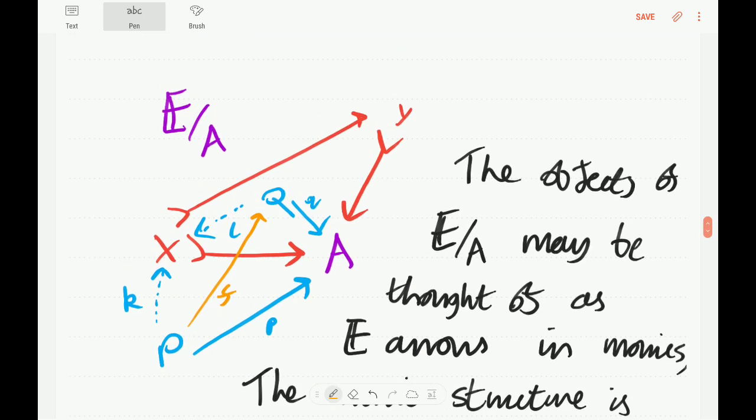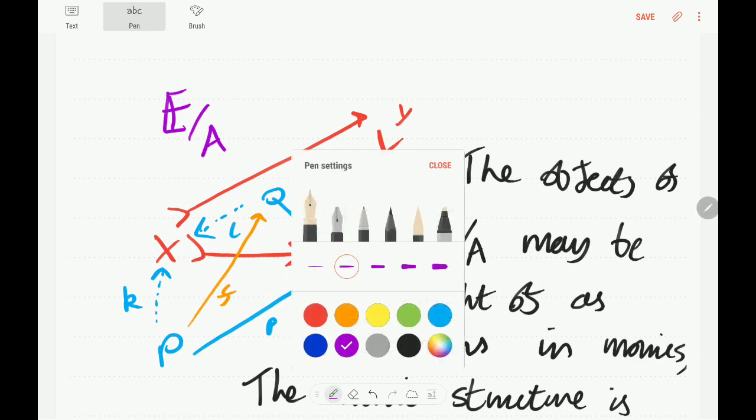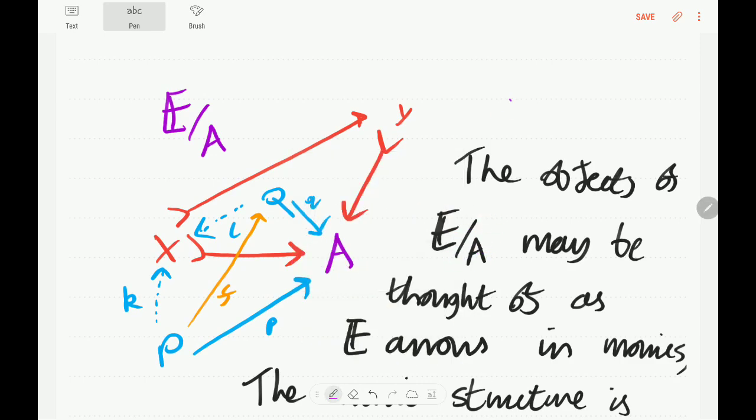One of them is just some observations about what this slice category looks like, because Sub A is really a full subcategory of E slice A. And so how are we to think of it?